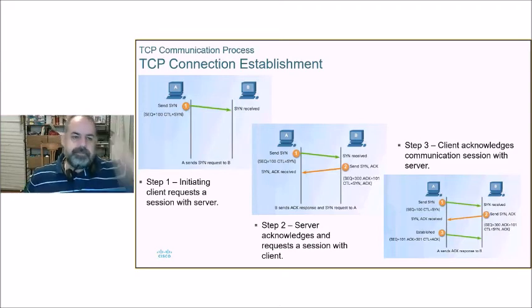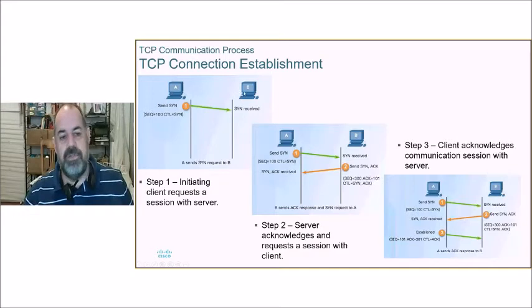The first segment that's sent is a SYN packet, or synchronize, and it sends a random sequence number. In this example it's 100, and the control bit in the header says that SYN is set to 1, and of course the client sends it to the server, I'm assuming in this case.